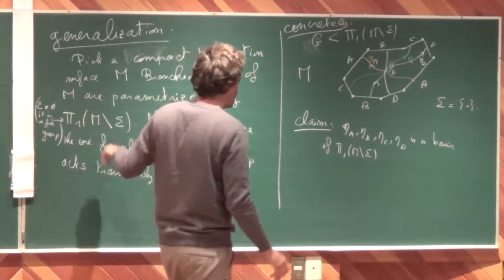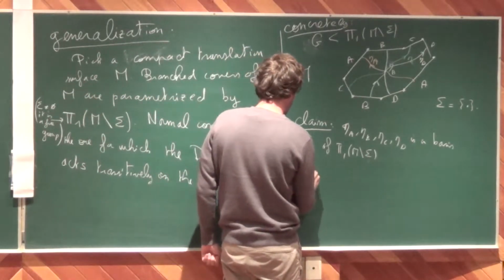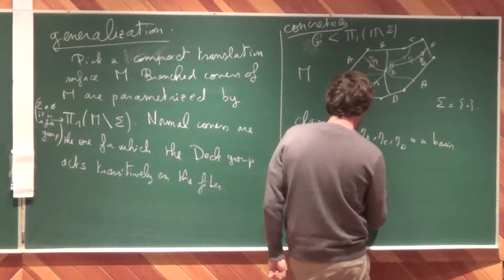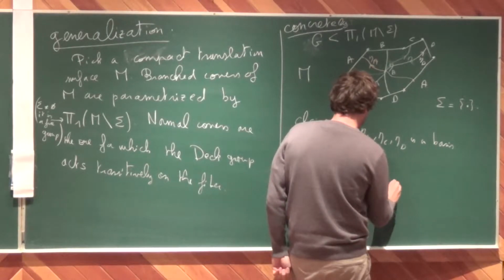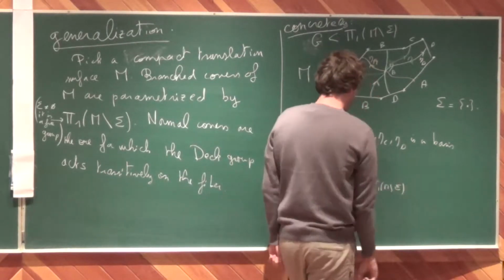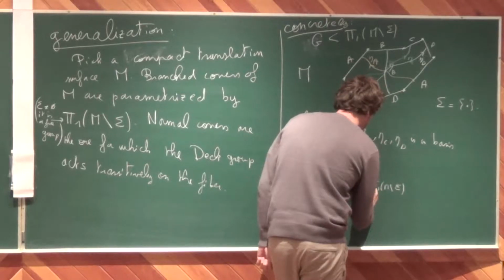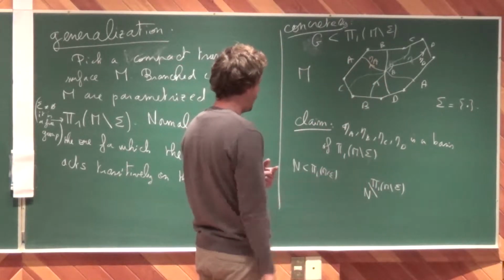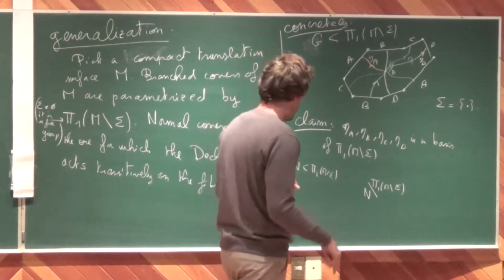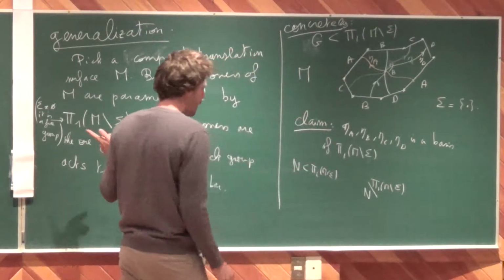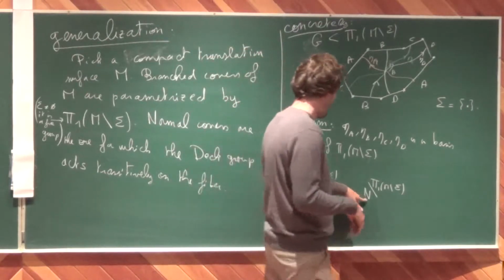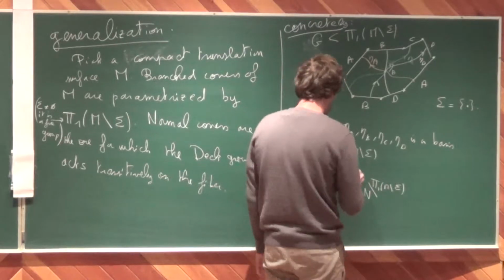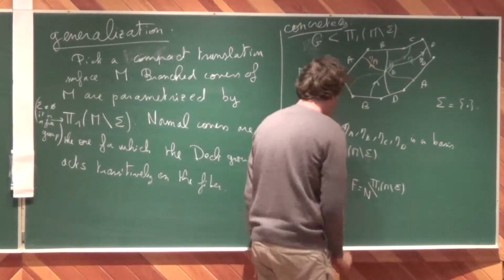Now, given my normal subgroup N in pi1, what I should consider is the quotient. I quotient on the left because I want to multiply on the right. But most of the time, everything will be abelian, so I don't care about the side of the quotient. We consider this quotient, and let's call it F, as in fiber.